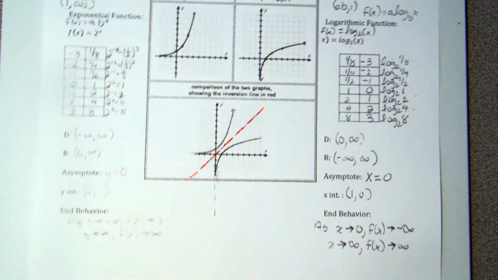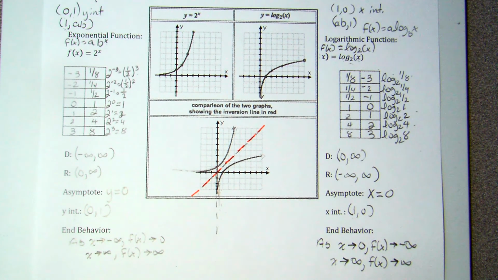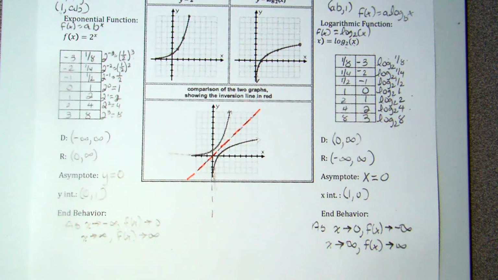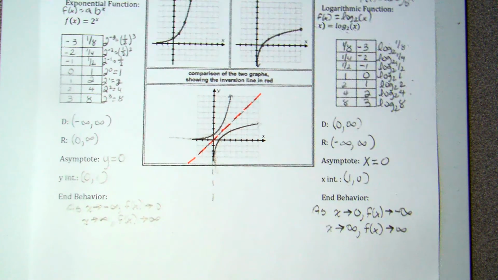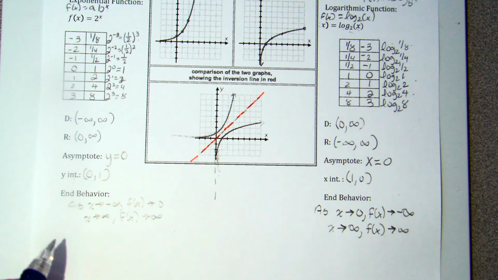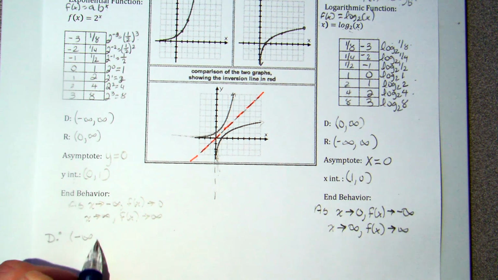So there's all of your end behavior, your asymptotes, your x and y intercepts, your domain and range of an exponential and a logarithmic function. When you come to class on block day, we're going to talk about transformations. We're going to talk about shifting left, right, up and down. So keep in mind that on an exponential function, the domain is always going to be all real numbers.